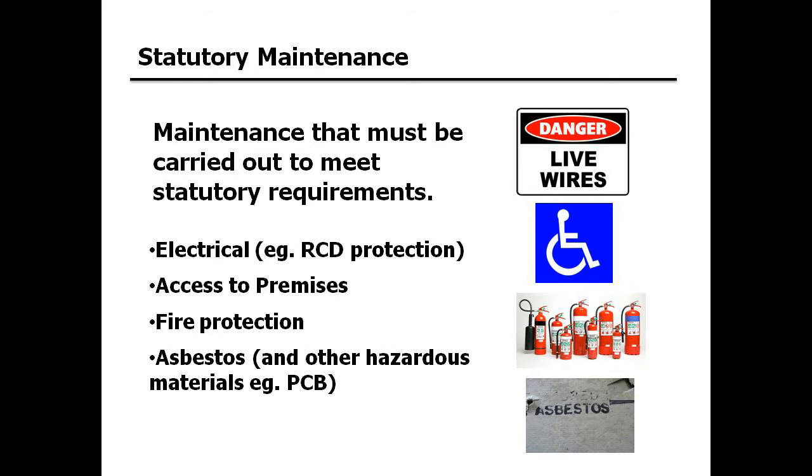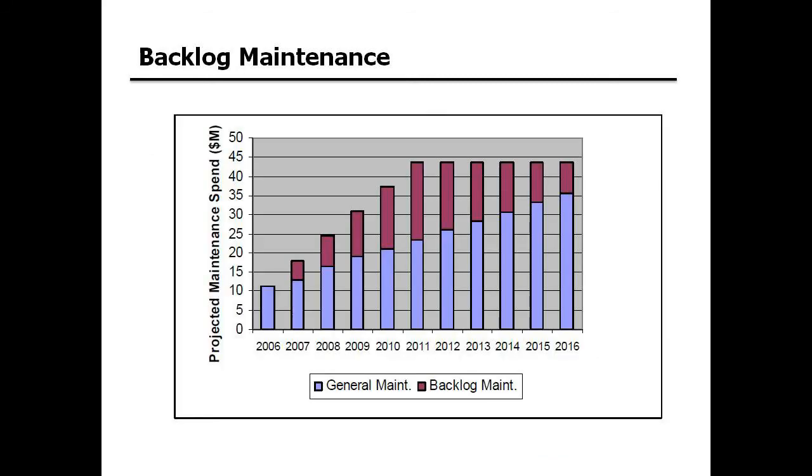So if we consider a way of actually showing graphically backlog maintenance, I've put together a very simple graph here. So we can see the amount of spend dollars in a building where the general maintenance, which is a combination of your corrective and your routine preventative maintenance, is shown here in the blue.